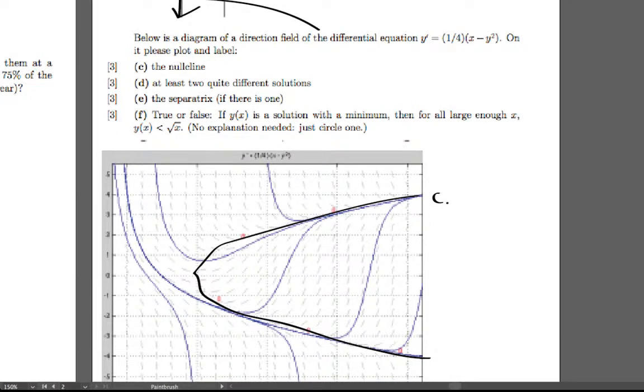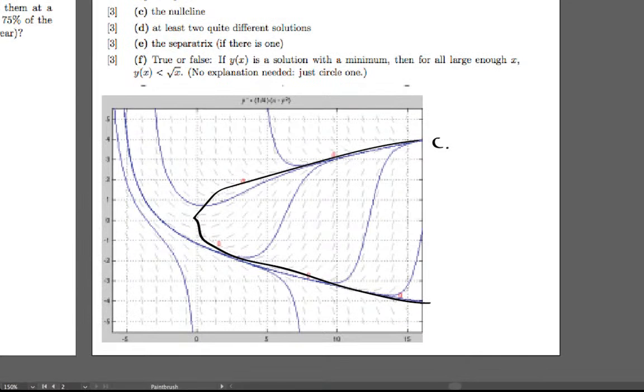And then at least 2 different solutions. So in here it has been sketched some. For example, in here this guy goes down and this guy goes nearer there. But then some of them go here and then just go down. It is 2 different solutions.